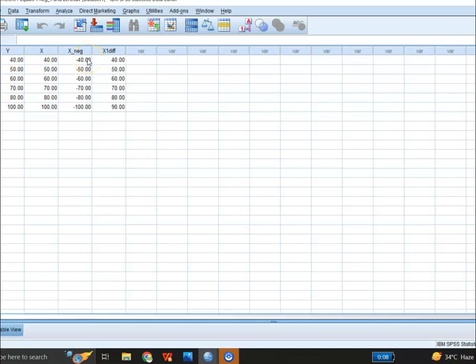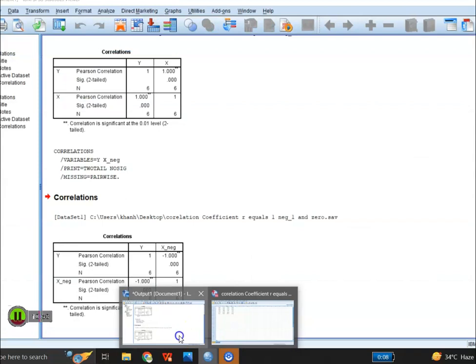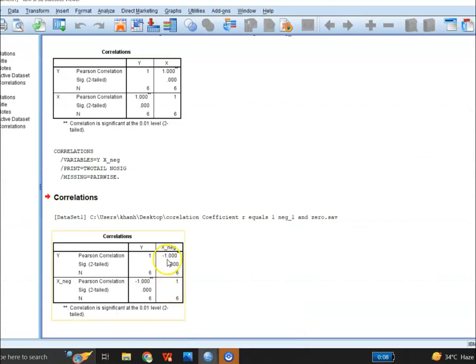So if the values of the two variables are the same, but the values of one variable are negative and the values of the other variable are positive, then in that case the correlation coefficient will be equal to -1. That is, there will be perfect negative correlation between the two variables.